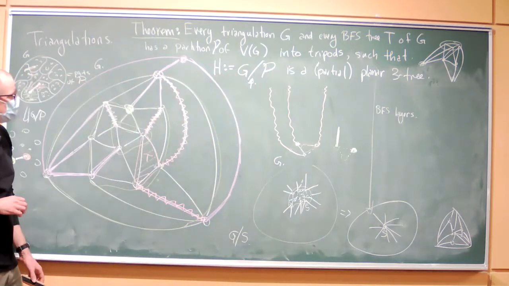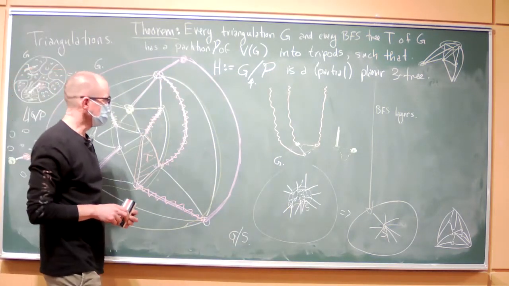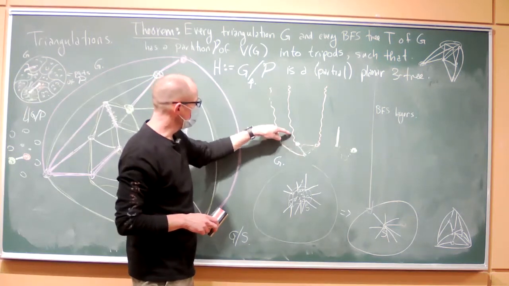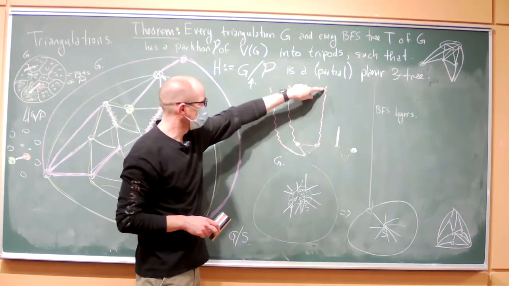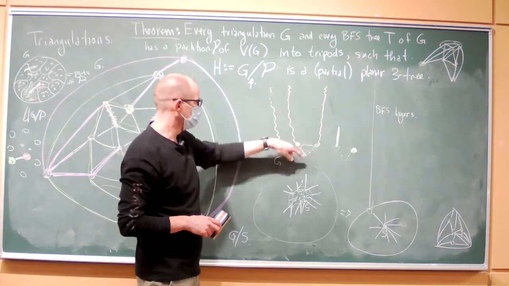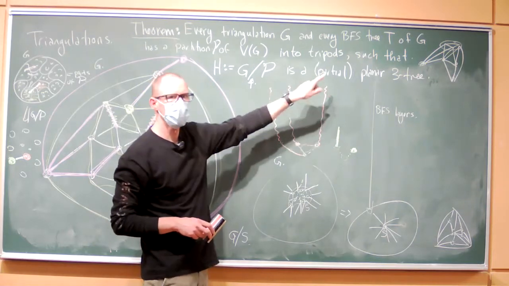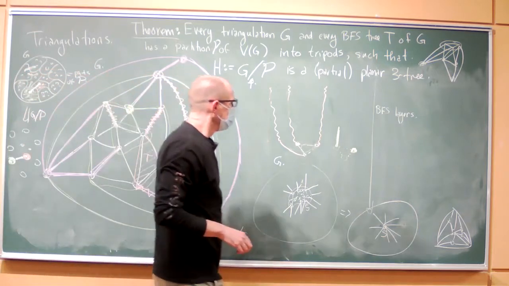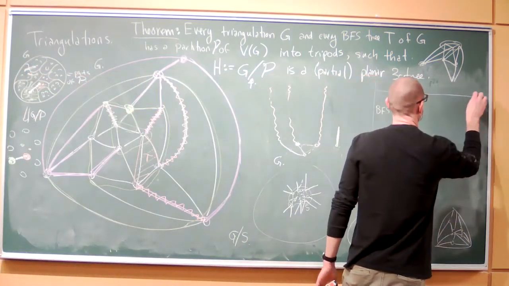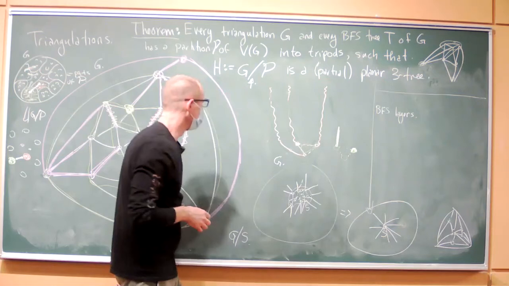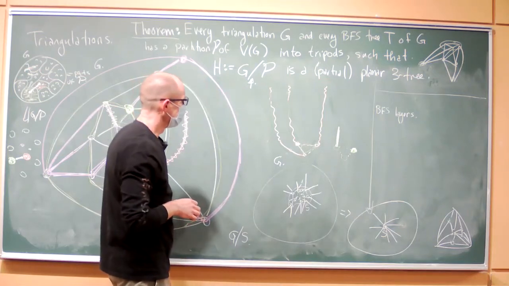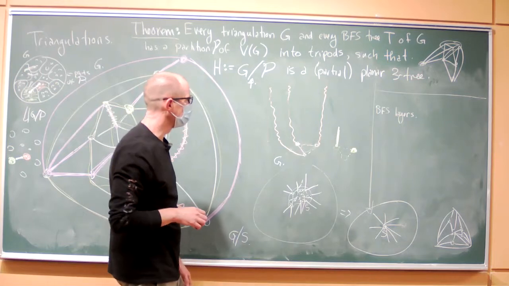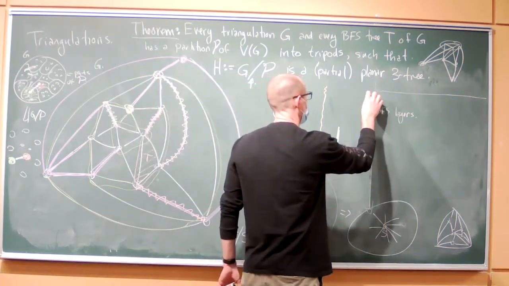Right, so somehow I see that each vertex in H corresponds to a tripod, which is just 3 legs here. So 3 of these BFS layers.